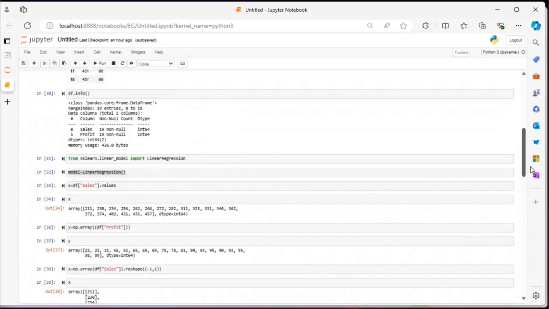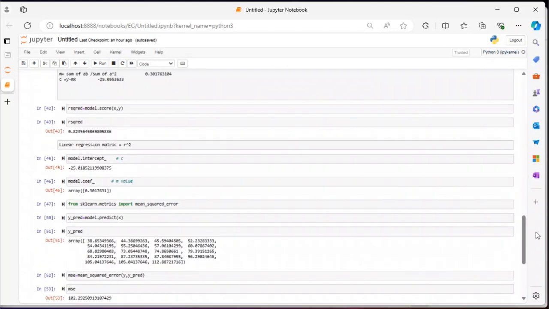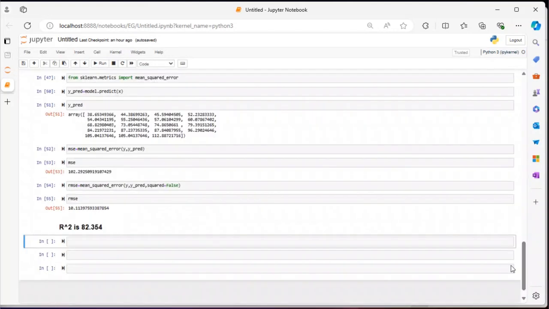This is the computation using the mathematical way for linear regression. In this way, for each and every x value, for a new x value, we can predict using this equation. So we got y equal to mx plus c.